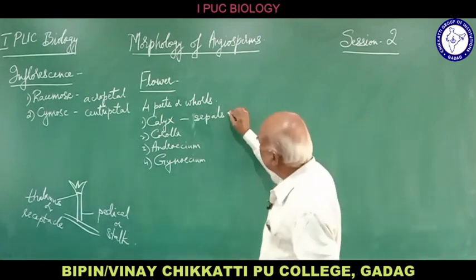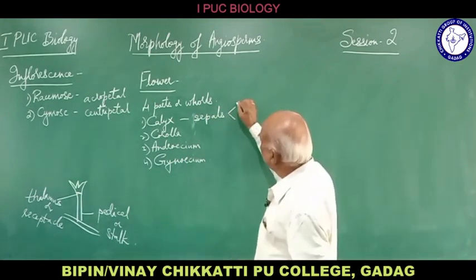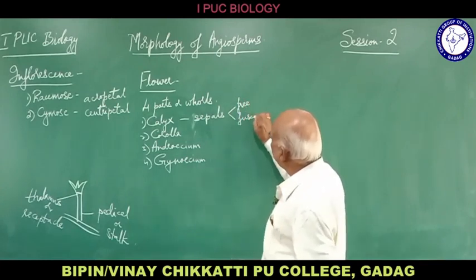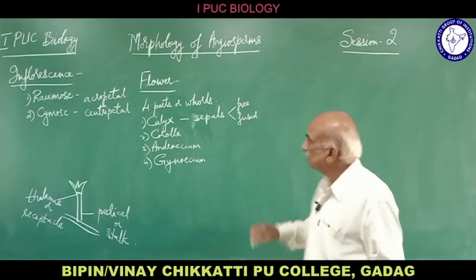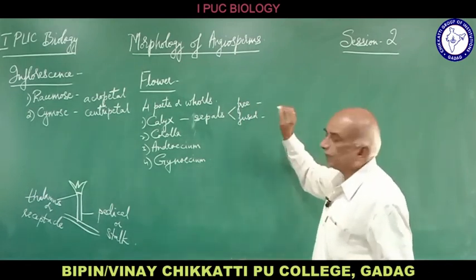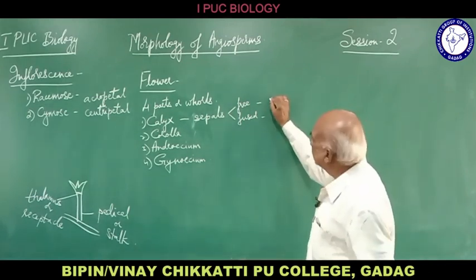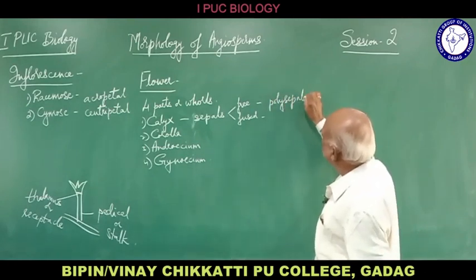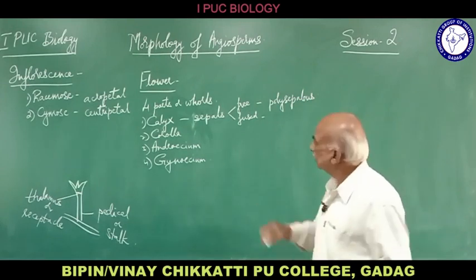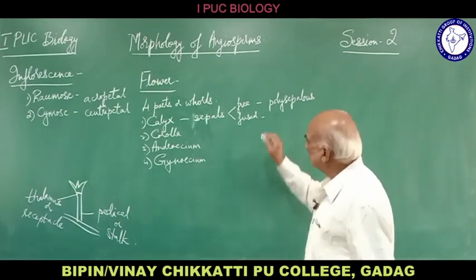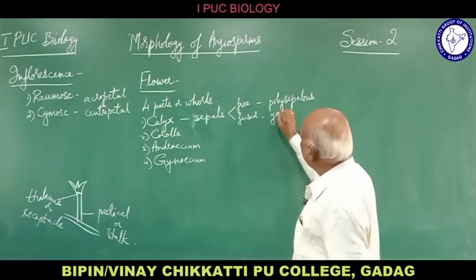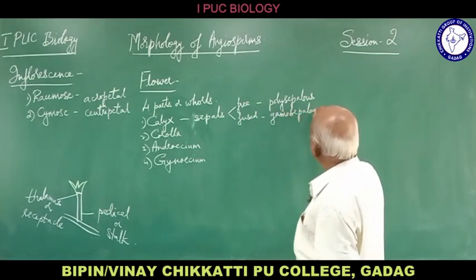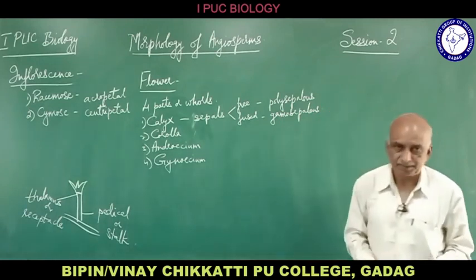And again here the calyx may be free, the sepals may be free or they may be fused. So when the sepals are free, it is called polysepalous. If the sepals are fused, it is called gamosepalous.